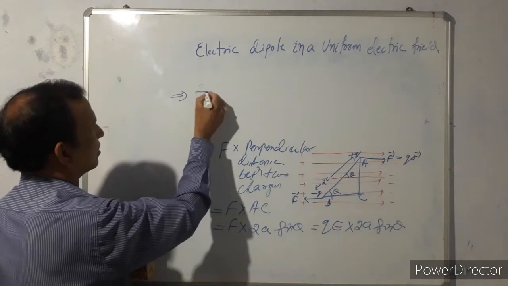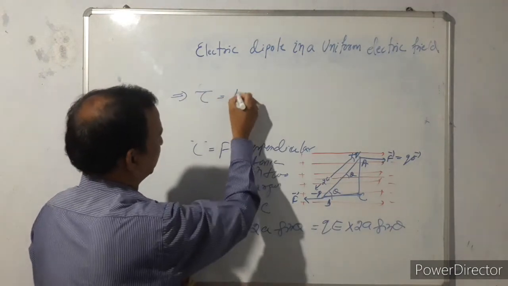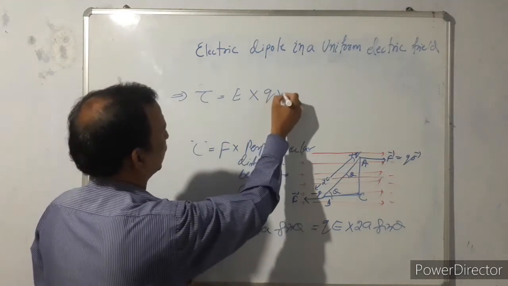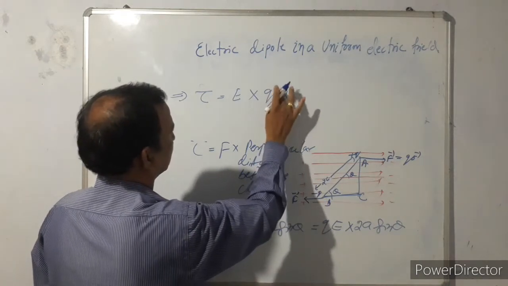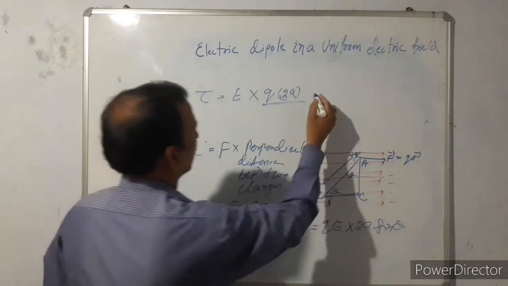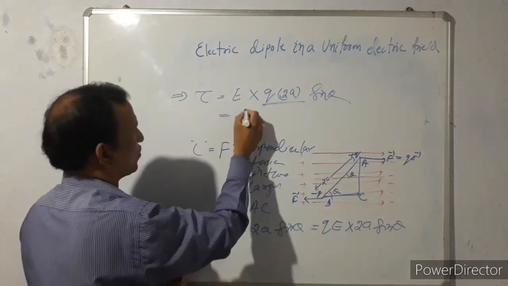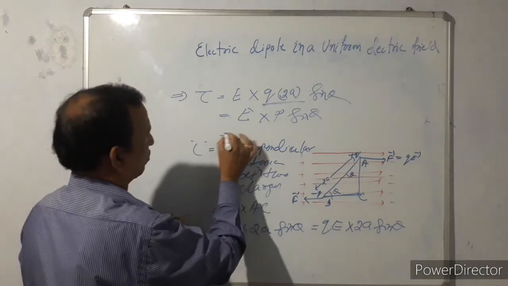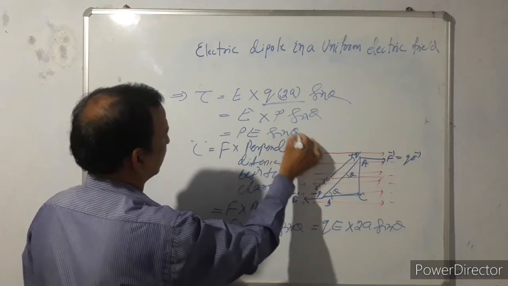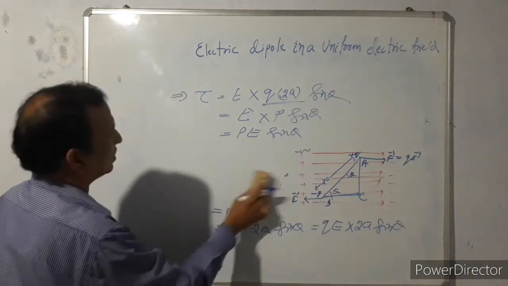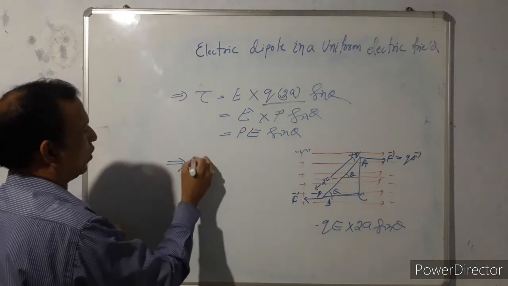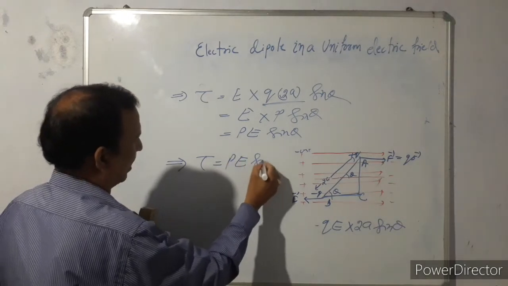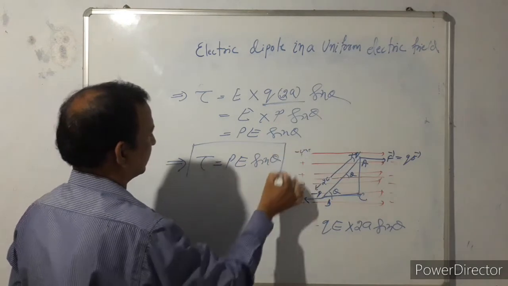So torque is equal to E, the electric field intensity, into q into 2A, that is the dipole moment P. So torque is equal to P E sin theta. This is the torque on the dipole.